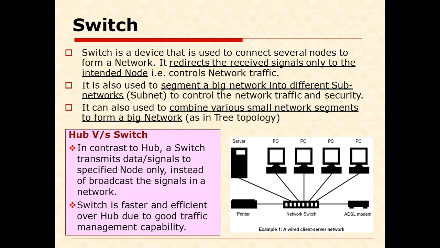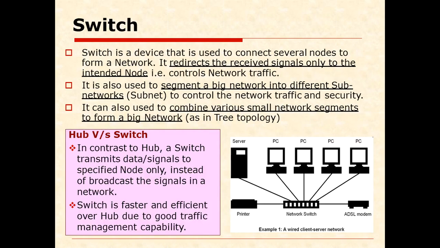So I want to send one signal from one system to another system. In between, the switch is connected, and the switch will just forward that message from one system to another system. So simply the switch function is to forward the message from one system to another system.